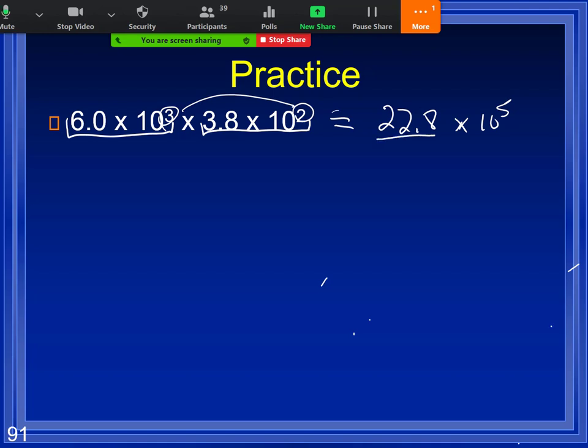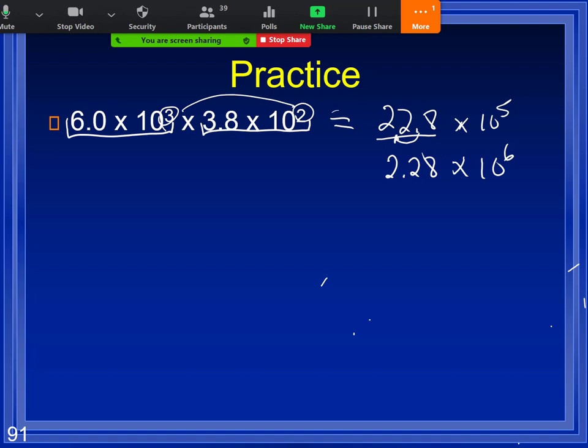But this is not between 1 and 10. So to get it between 1 and 10, I got to make it 2.28. That means I need to change the exponent. I made the number smaller by 1, so I need to make the exponent bigger by 1. And I get 2.28 times 10 to the 6th.